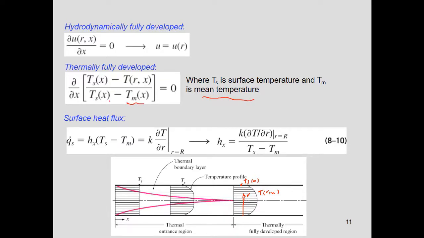So Ts(x) minus Tm(x) is our reference. This difference divided by this reference is not changing. In other words, it is fully developed.